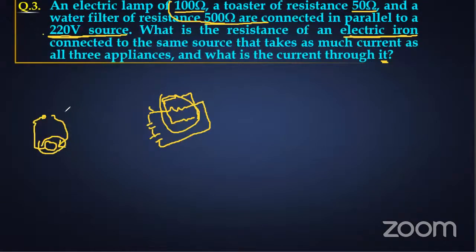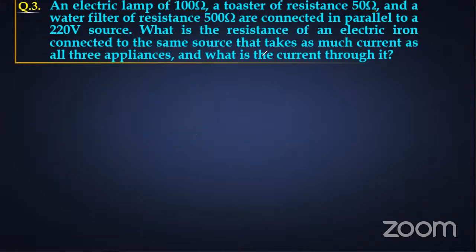It means the same voltage, same current. What about resistance then? Also the same. So you have to find the equivalent resistance of the three, and that equivalent resistance is also equal to the iron's resistance. But it is not the sum of these three. 100 plus 500 plus 50 is not the correct answer. That is the wrong answer. Why? Because they are connected in parallel combination.